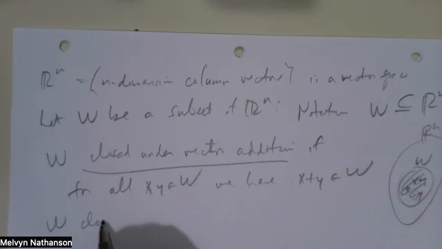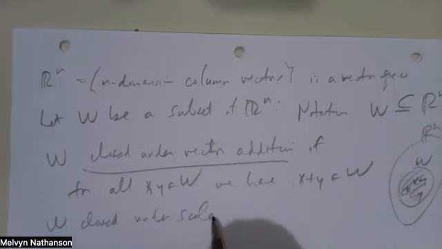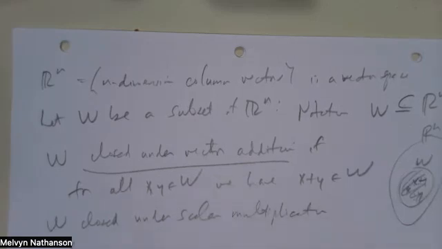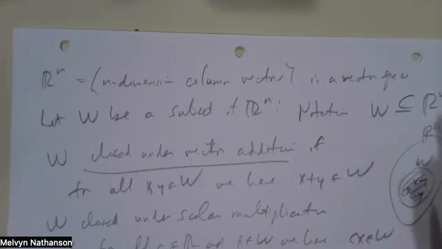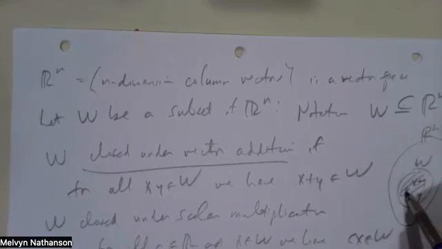And we say W is closed under scalar multiplication if for all scalars C and all vectors X in W, we have C times X is still in W. So if you take a vector X and you multiply it by any scalar, positive, negative, or zero, it stays inside W.